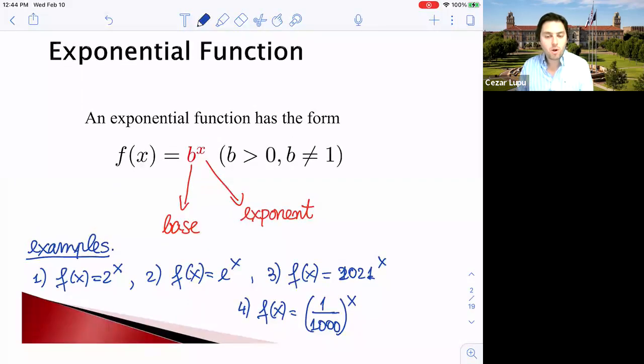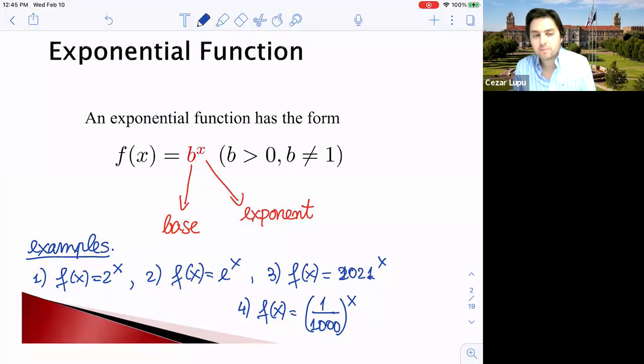So it's very small, but as you can see from these examples, no matter what the base is, as long as it satisfies the conditions that b is positive and not 1, b to the power x will always be non-negative.